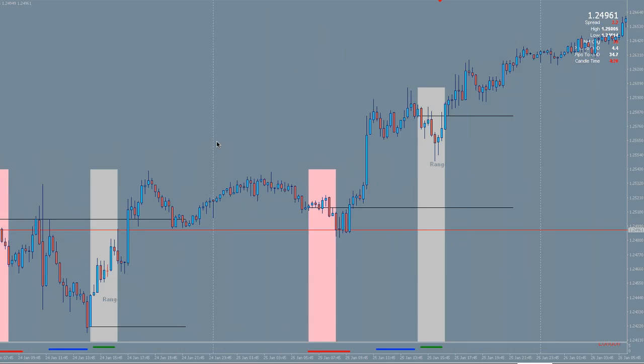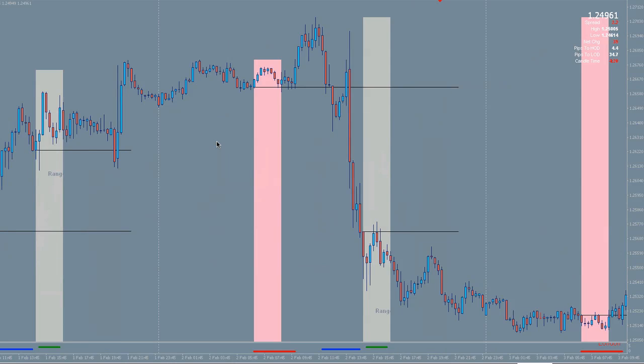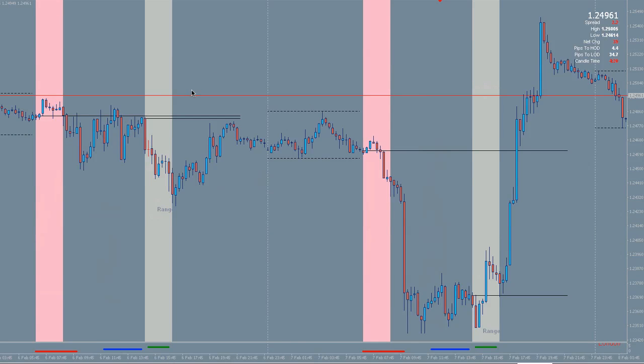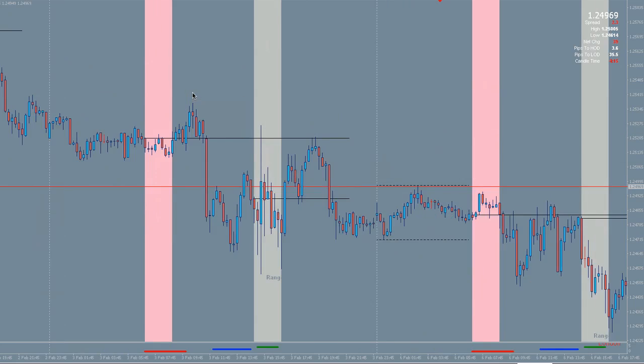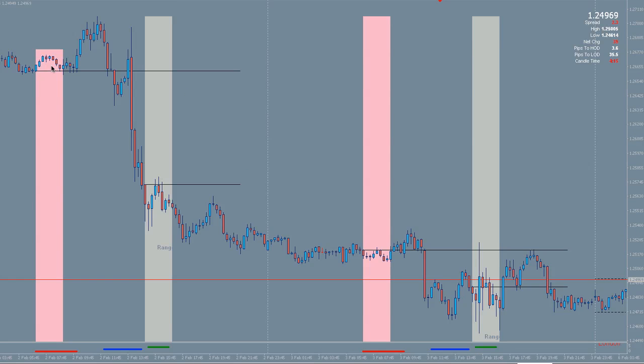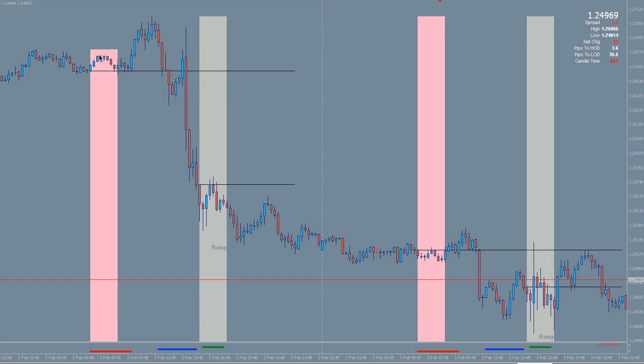Okay, so yeah, that was accumulation above.